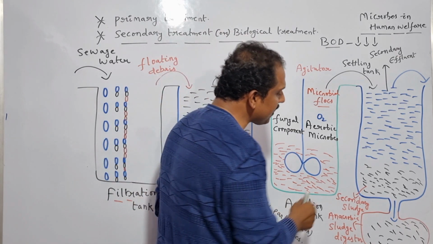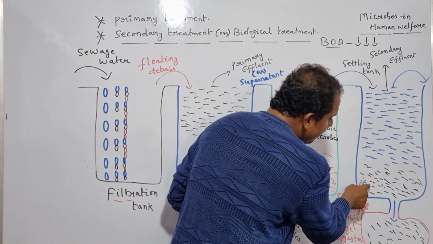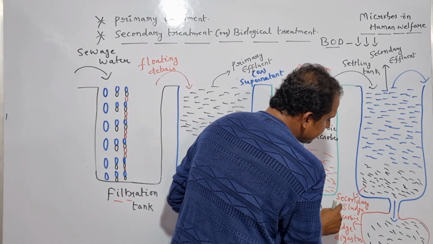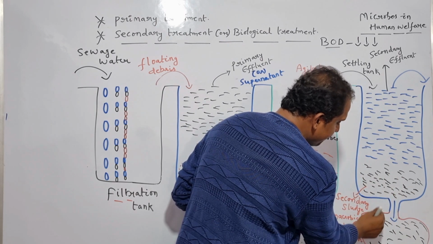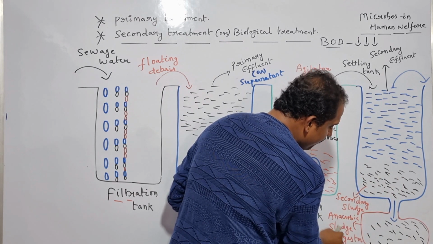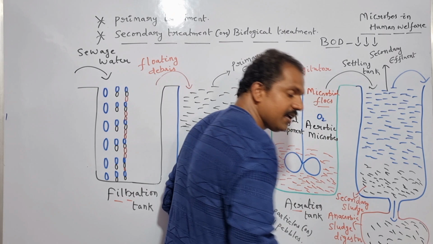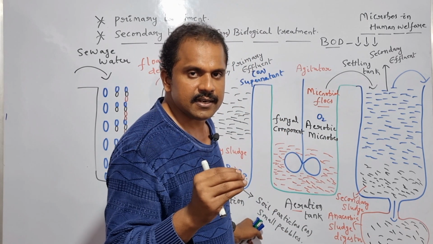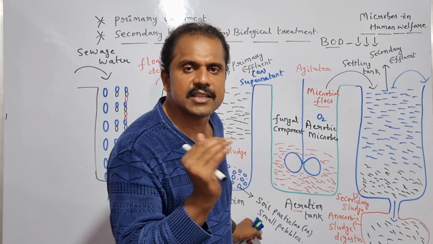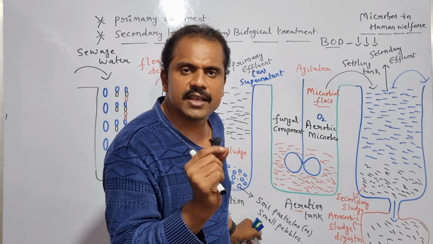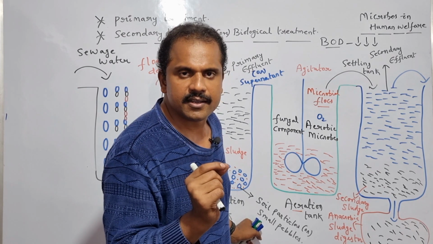So once the oxidized organic matter, which is termed secondary activated sludge, is transferred from the settling tank into the anaerobic sludge digester, under anaerobic conditions, specific microbes termed methanogens are capable of degrading the organic matter here.